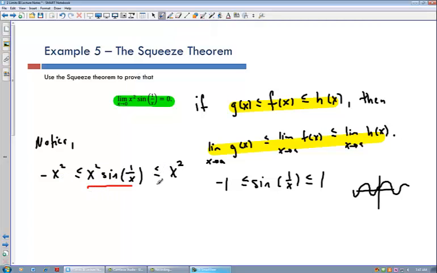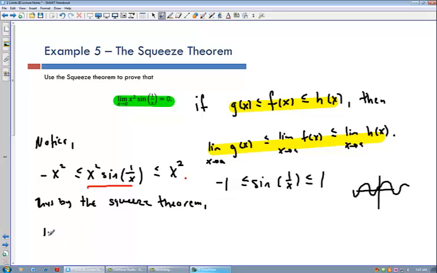And now I'm going to apply the limit. So then we can say, thus, by the squeeze theorem, what do we have?